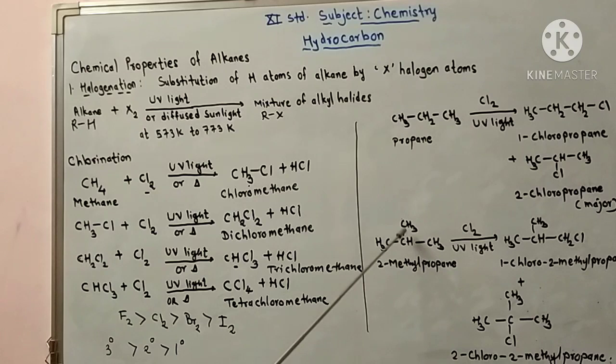CH3CH(CH3)CH3, 2-methylpropane, gives CH3CH(CH3)CH2Cl plus (CH3)3CCl, where the carbon is attached to three methyl groups and chlorine. That is 2-chloro-2-methylpropane.